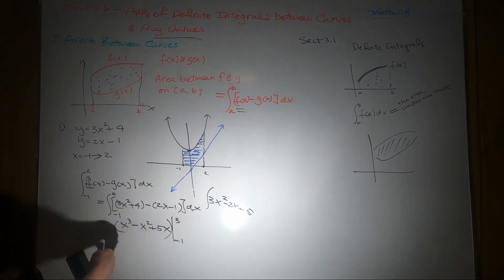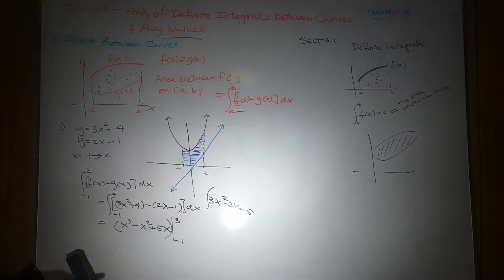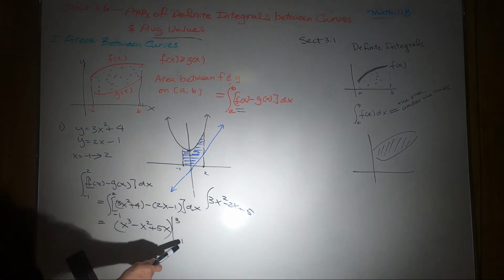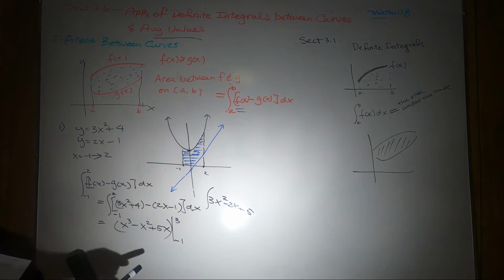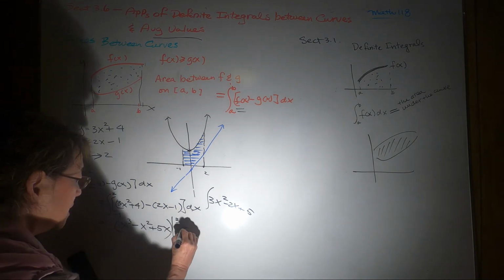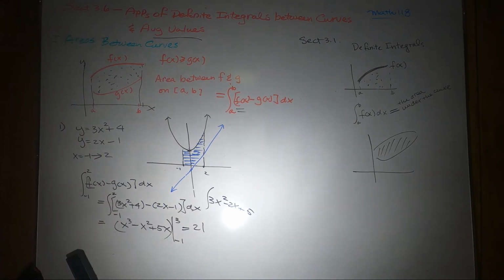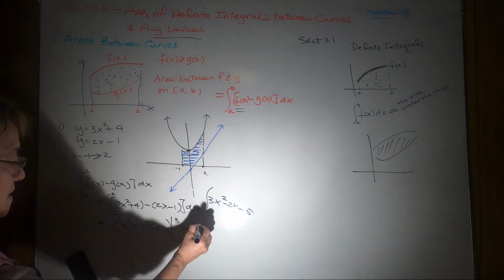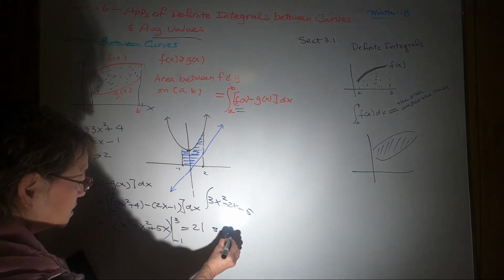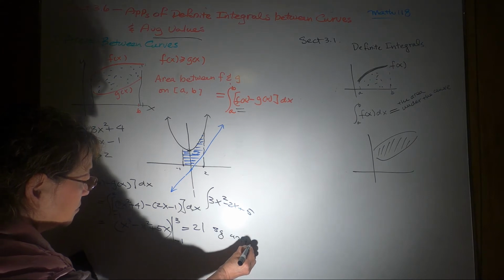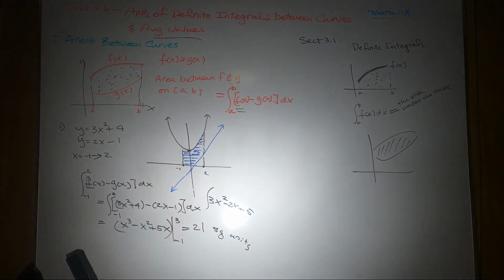That's how we use this method. You plug in 2 here, plug in -1 there, and subtract them. So that will be what? 21. So the area in between will be 21 square units. Whatever the units we use, squared.